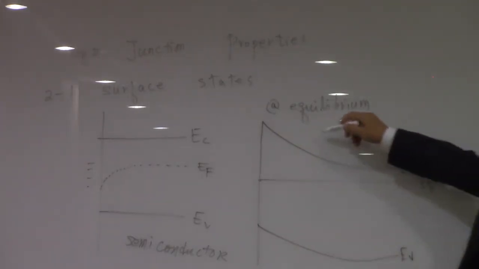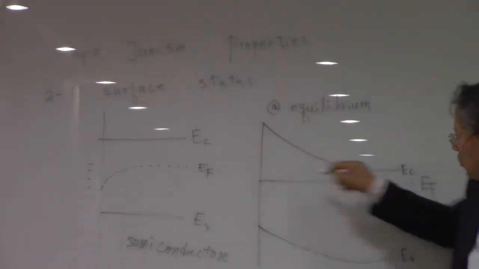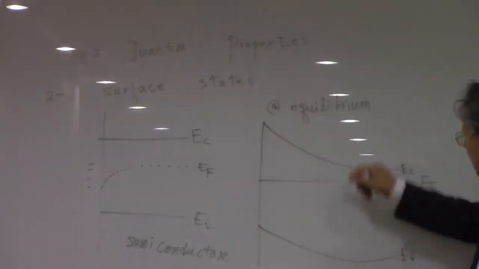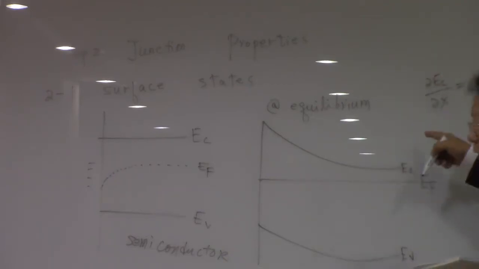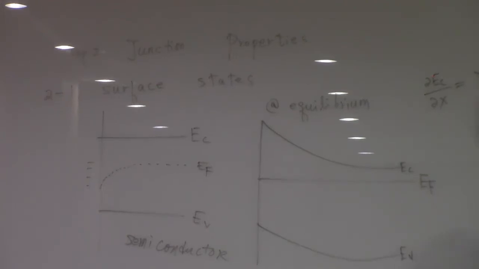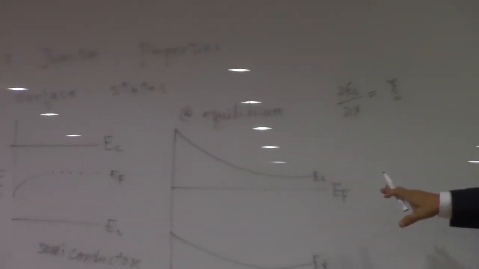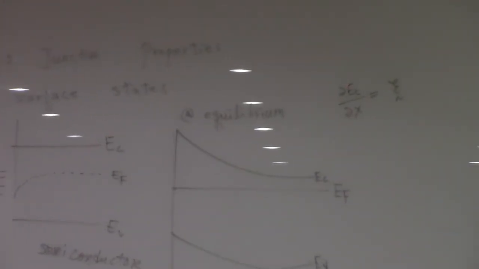So there is some field from the surface to the bulk because of this band bending. If you take a derivative of this energy potential, ∂EC/∂x, this should be related to the electric field which exists in the material.